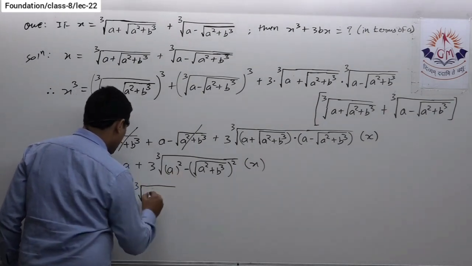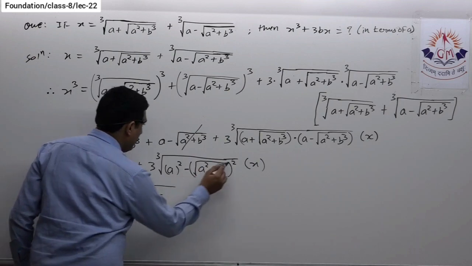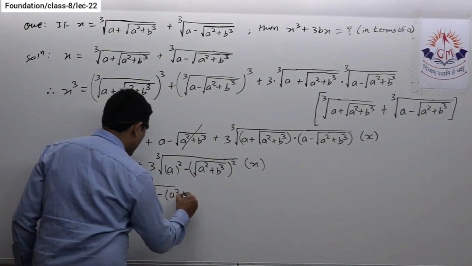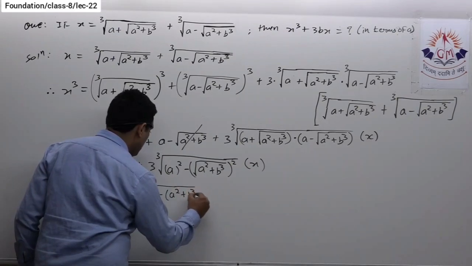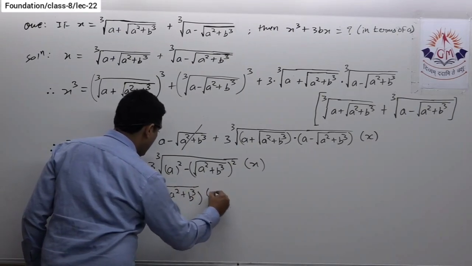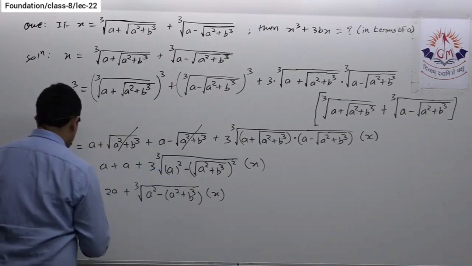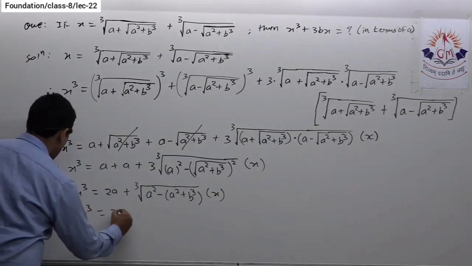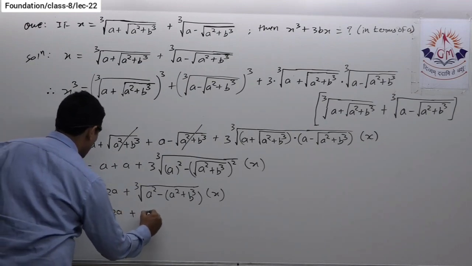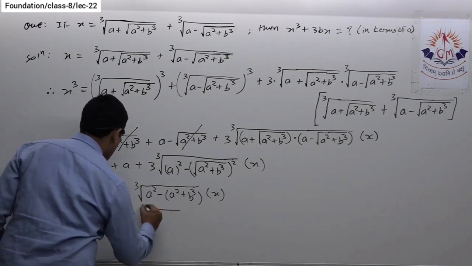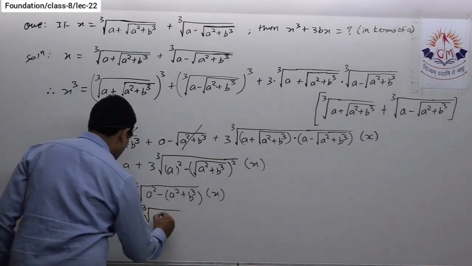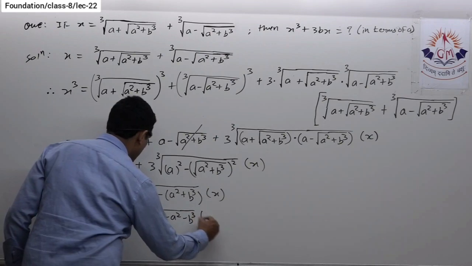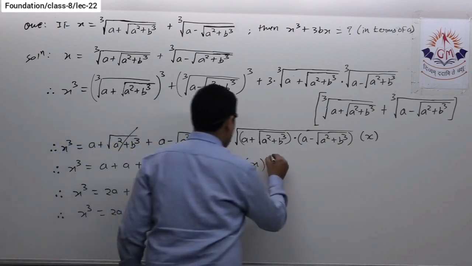Now over here this is a square minus. Now this is square and the square root sign will cancel out. So here I will get a square plus b cube multiplied by x. Okay, so further simplifying, x cube is equal to 2a plus cube root of, now if you open the bracket, this is a square minus a square plus b cube, multiplied by x.